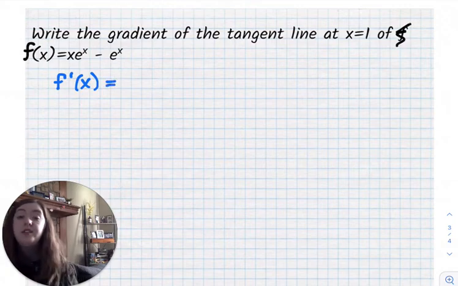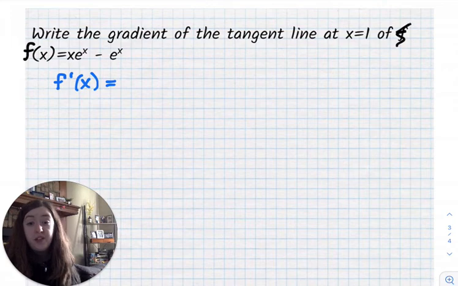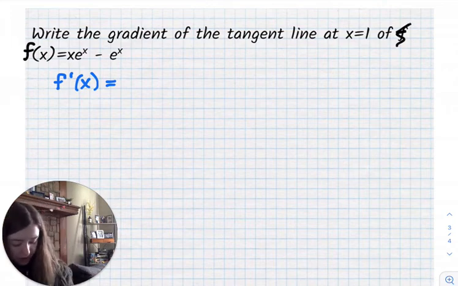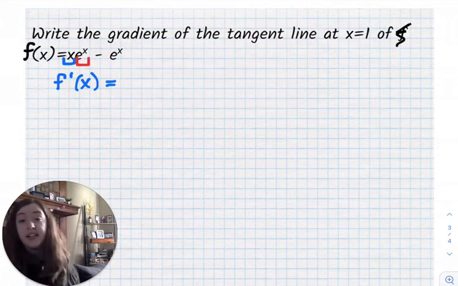So let's deal first with that x e to the x. We have two things being multiplied by each other, which means that we have to use the product rule. So x will be my first, and e to the x will be my second.